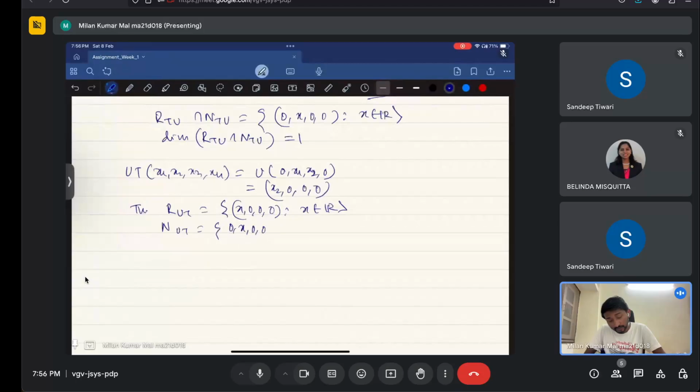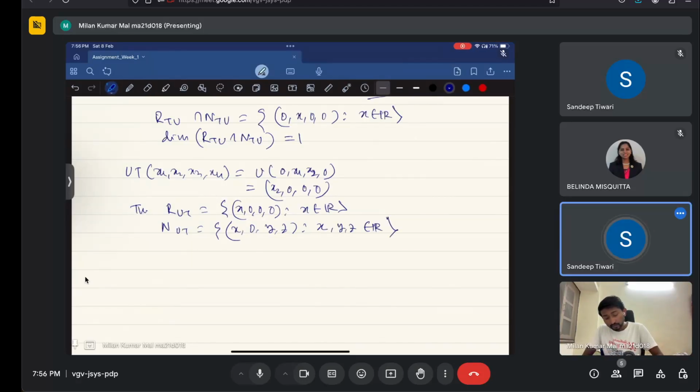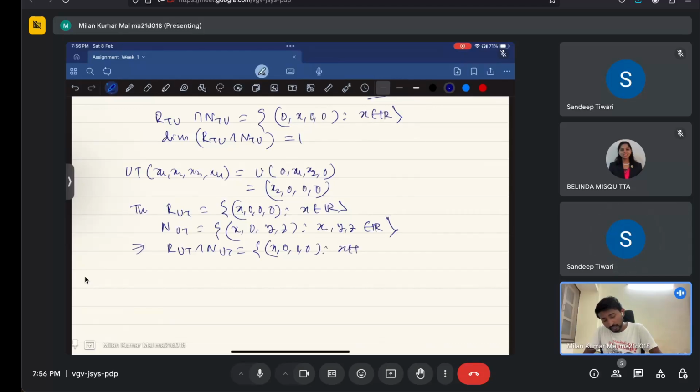Except x2, all other entries will be there: (0, y, z), right? All elements are coming from the real numbers, right? Therefore, the range space of U(T) intersection null space of U(T) will be only elements of the form (x, 0, 0) such that x belongs to R. So therefore the dimension of range of U(T) intersection null space of U(T) will be 1.